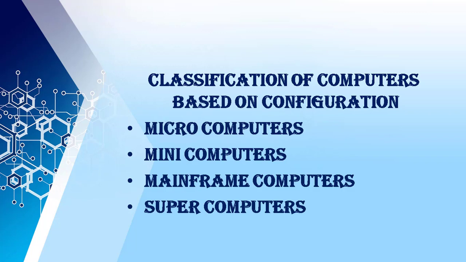They were mainly used by large organizations, and a single user was not able to buy a mainframe computer, and it was not useful for a single user. It was used by multiple users. Mainframe computers are used in airlines for ticket reservation systems, and also in banks to store data.